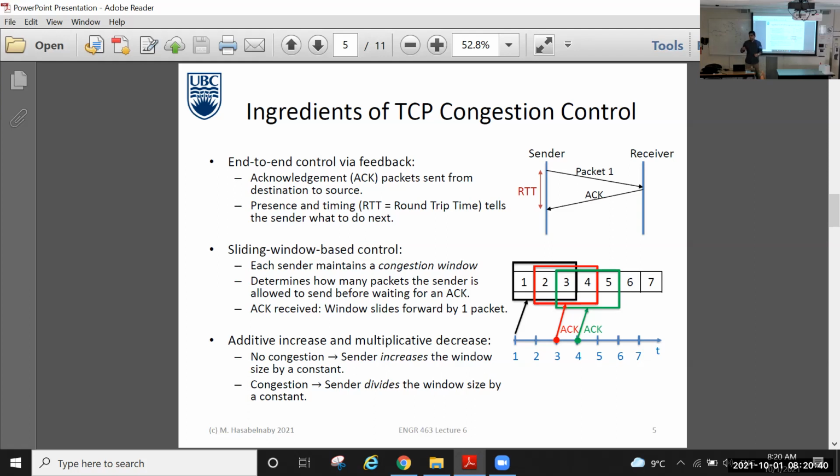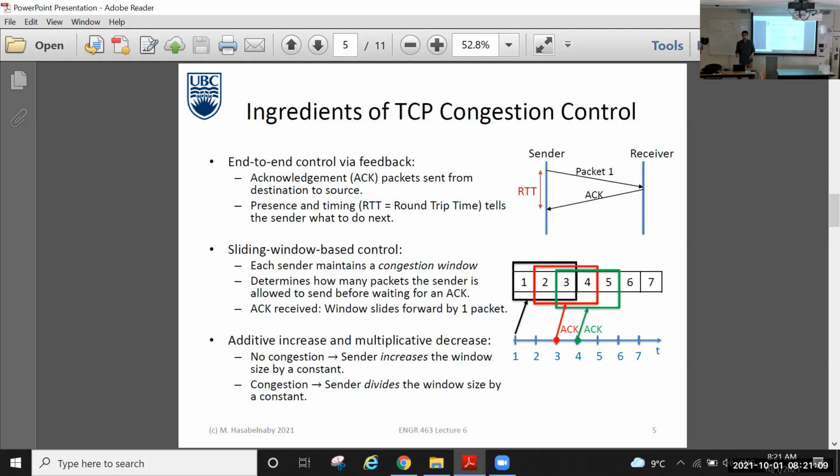Instead of sending 3 buckets and waiting for the first acknowledgement, can we send 4 buckets before waiting for the first acknowledgement? We will send 4 buckets, and if we receive 4 acknowledgements, this means that the network is idle. So let's try to increase our congestion window to 5. Send 5 packets before receiving the first acknowledgement.